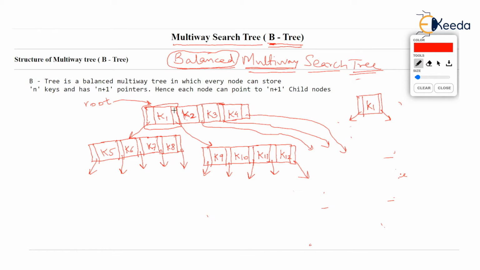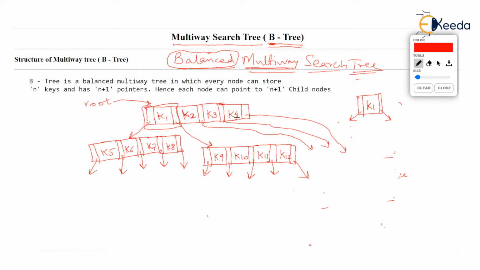This pointer on which the mouse is hovering is shared as the right pointer of K1 and the left pointer of K2. Similarly, K2 has a right pointer, but that is the same as the left pointer of K3. K3 has a right pointer, but that's the same as the left pointer of K4. And K4 has a right pointer.